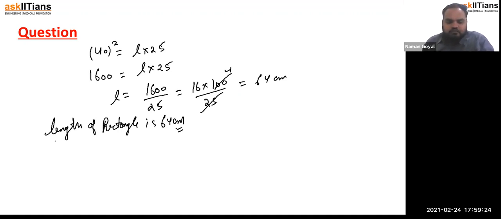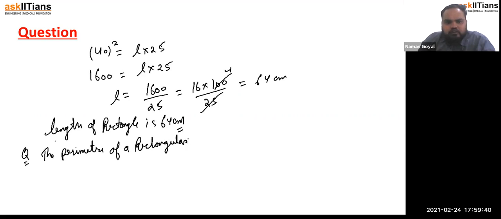Okay, so we can do one more question. Write down. The question is: the perimeter of a rectangular sheet is 100 centimeter.